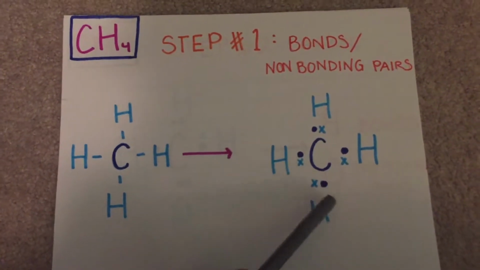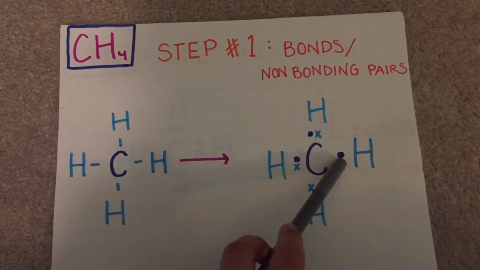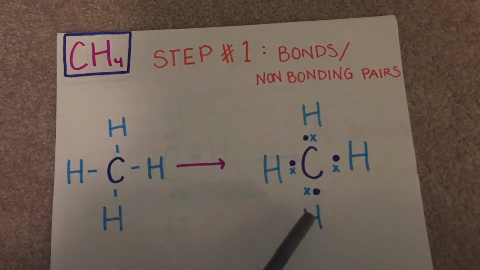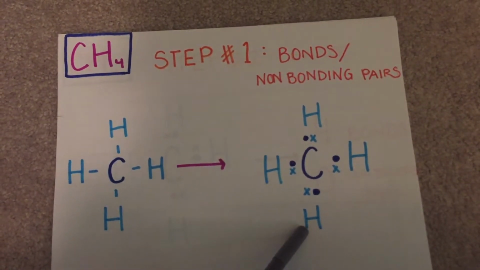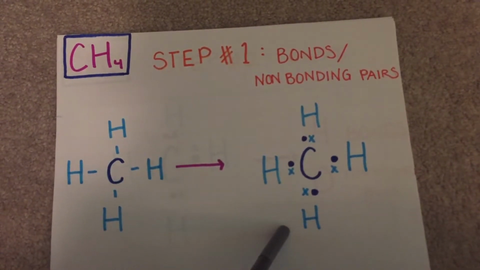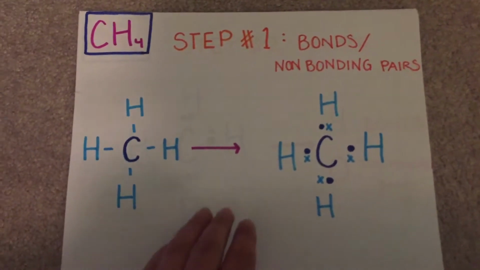I've drawn carbon's 4 valence electrons represented by blue circles, and each of the hydrogen atoms bonded with the carbon represented by light blue X's.